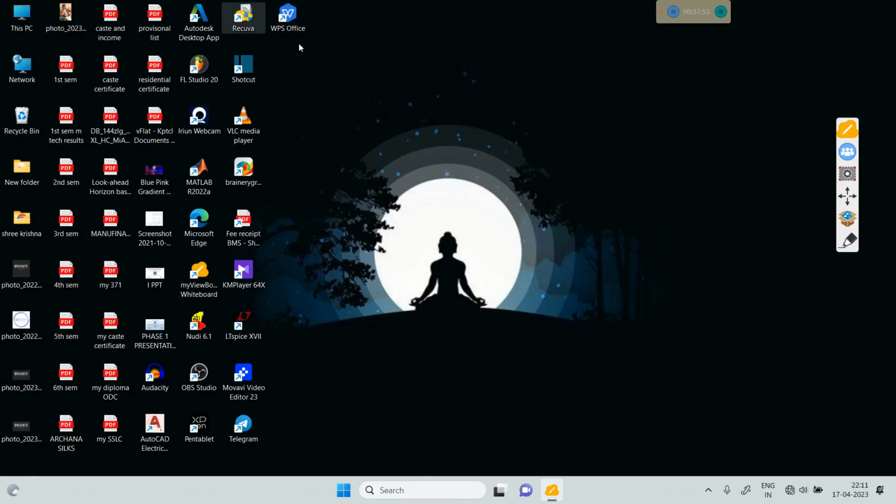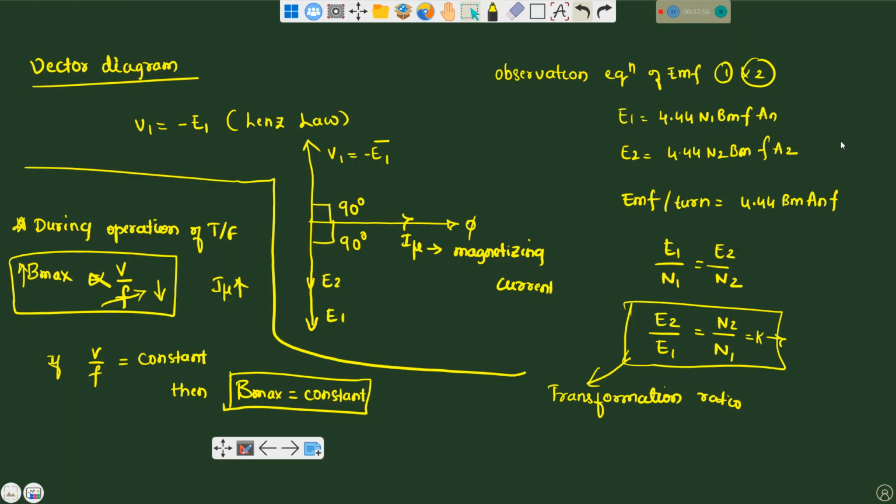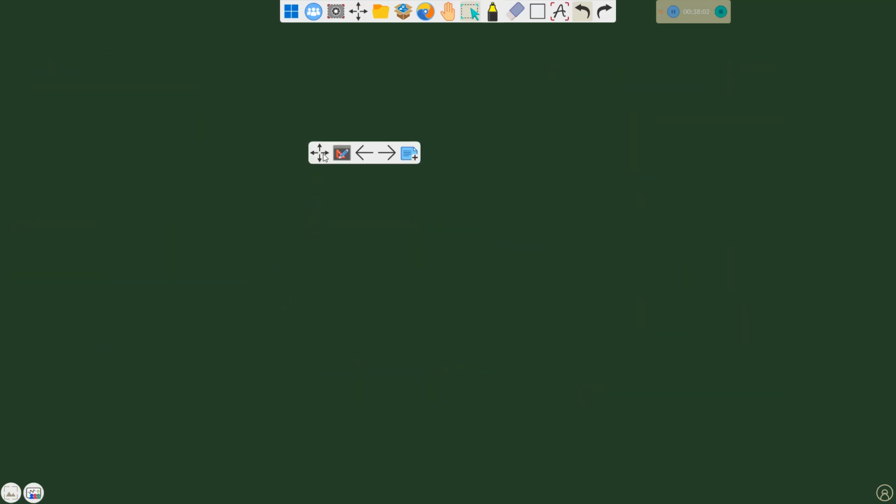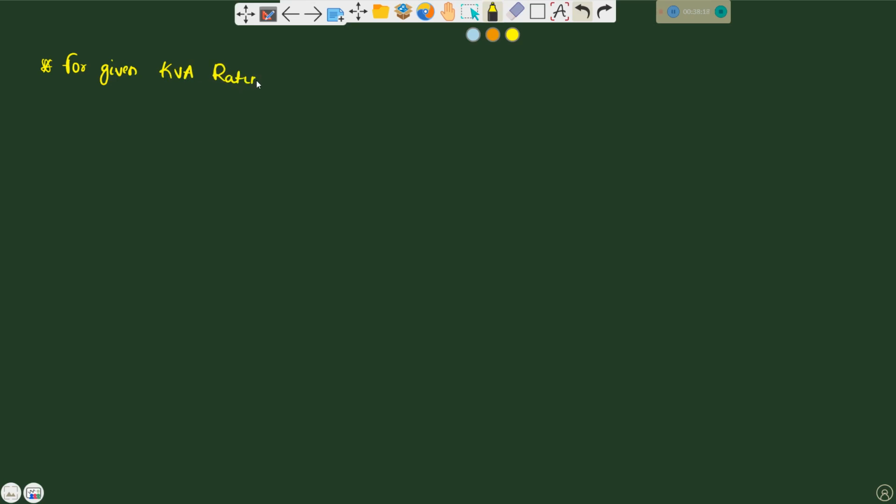So if we talk about the next, for a given kVA rating of transformer, the more the design frequency, the lesser the cross sectional area.